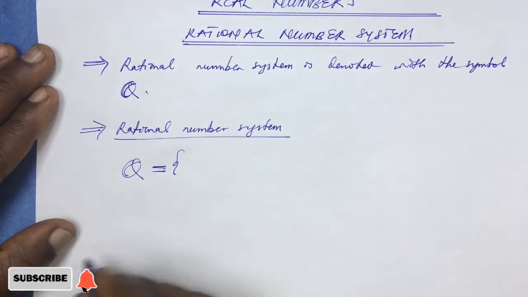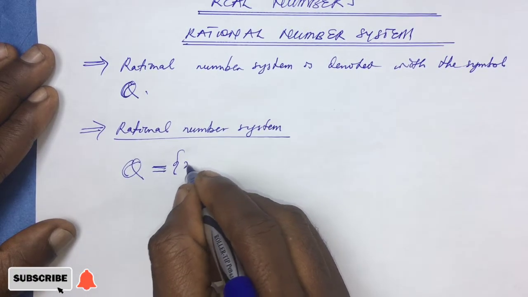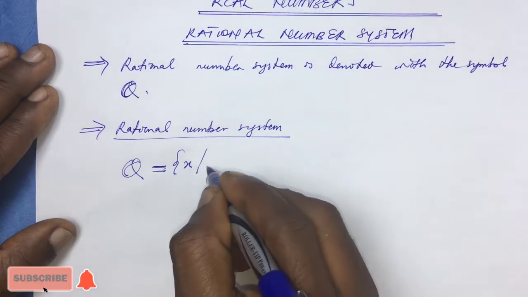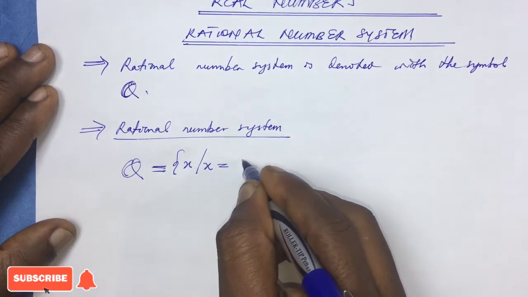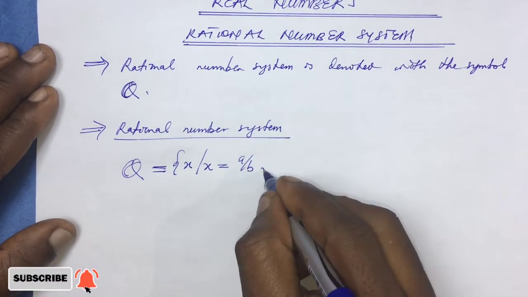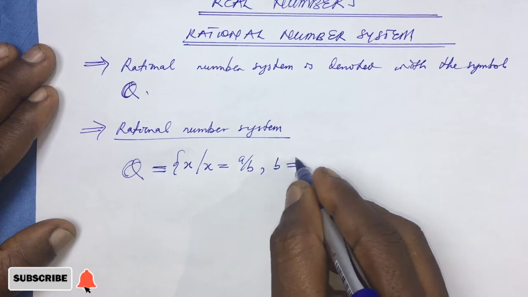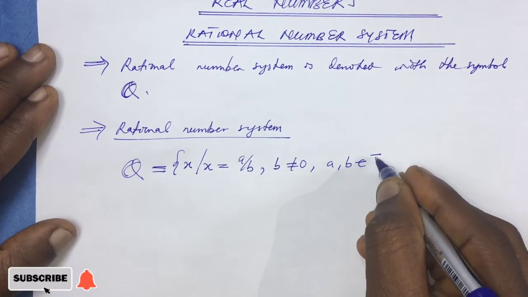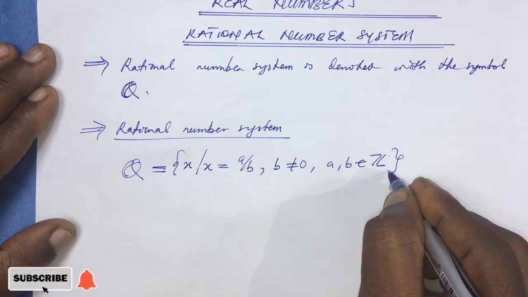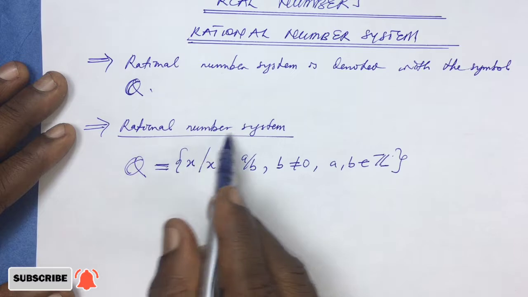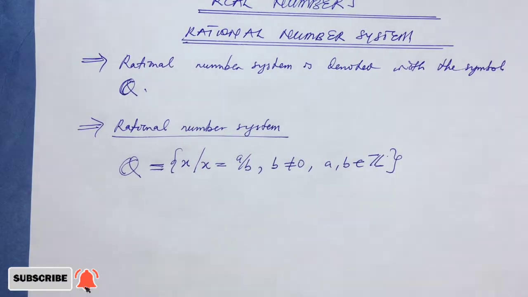Using set builder notation, rational numbers constitute the set of all x such that x is equal to a over b. X can be expressed as a over b, and b is not equal to 0, and a and b are integers.